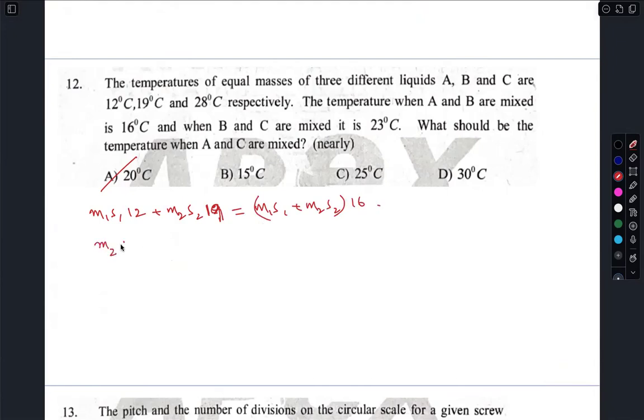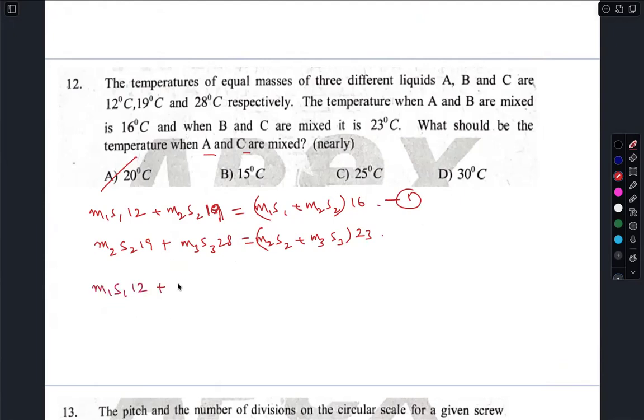Similarly, M2S2 times 19 plus M3S3 times 28 is equal to M2S2 plus M3S3 times 23. You want which condition? A and C are mixed, right? What I can do is I'll do equation 1.